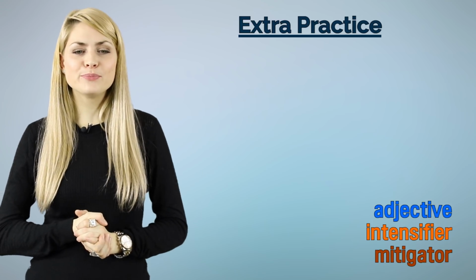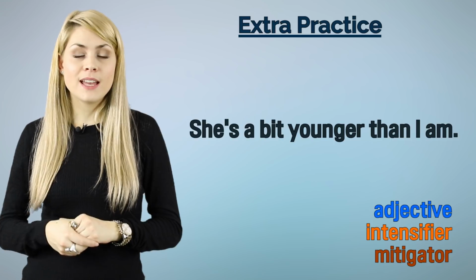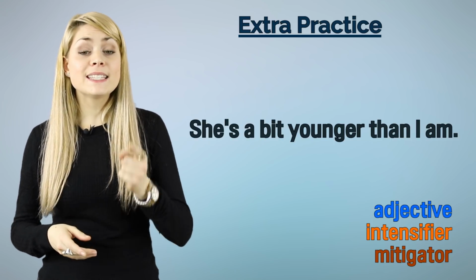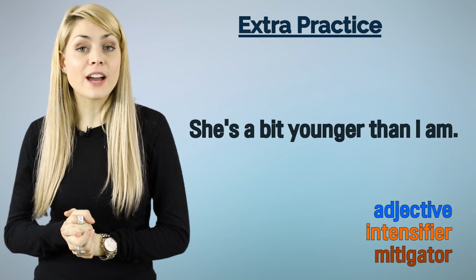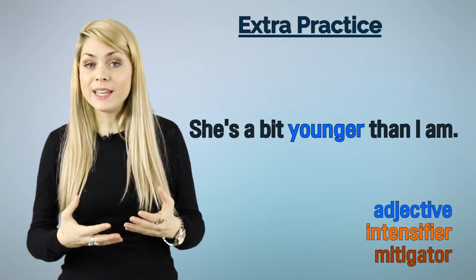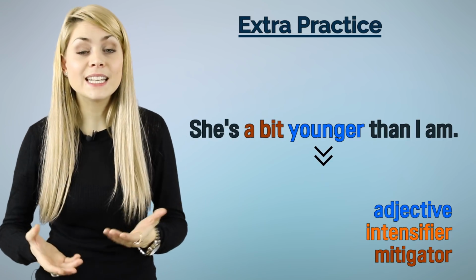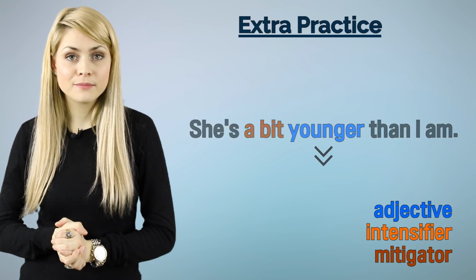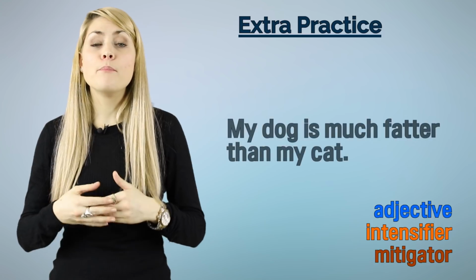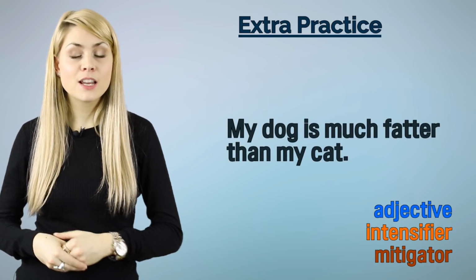Next example, she's a bit younger than I am. The adjective is actually a comparative adjective in this sentence, younger. A bit acts as a mitigator, of course. And finally, my dog is much fatter than my cat.